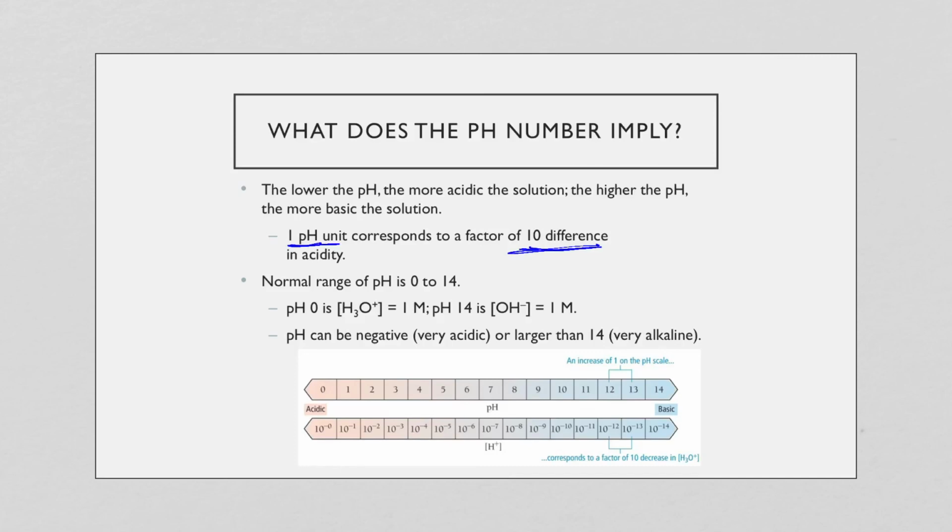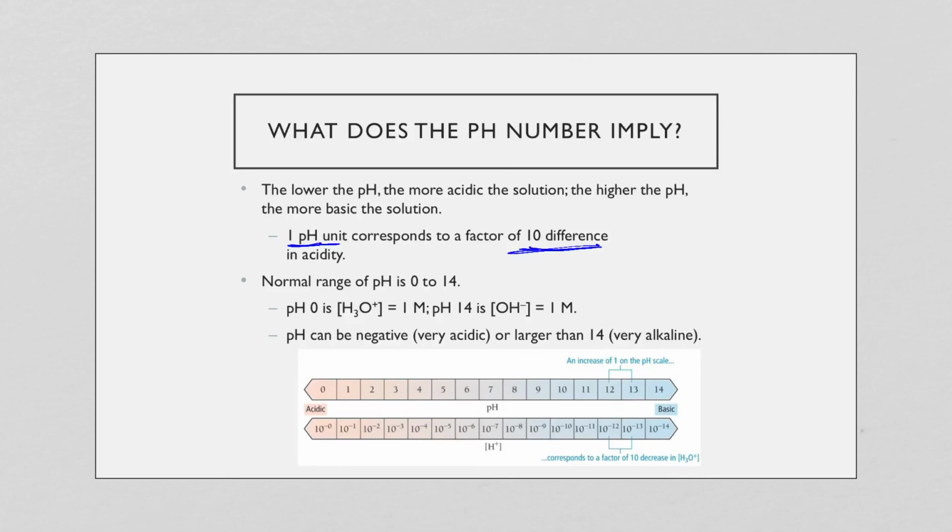Because if I change half a pH unit, that's changing the concentration by 5 times, right? And so while it doesn't seem like a lot, it's actually a fairly significant change in concentration. So we have to understand that when we move to a pH scale, we have to understand what a change in pH really means in terms of the concentration of something.